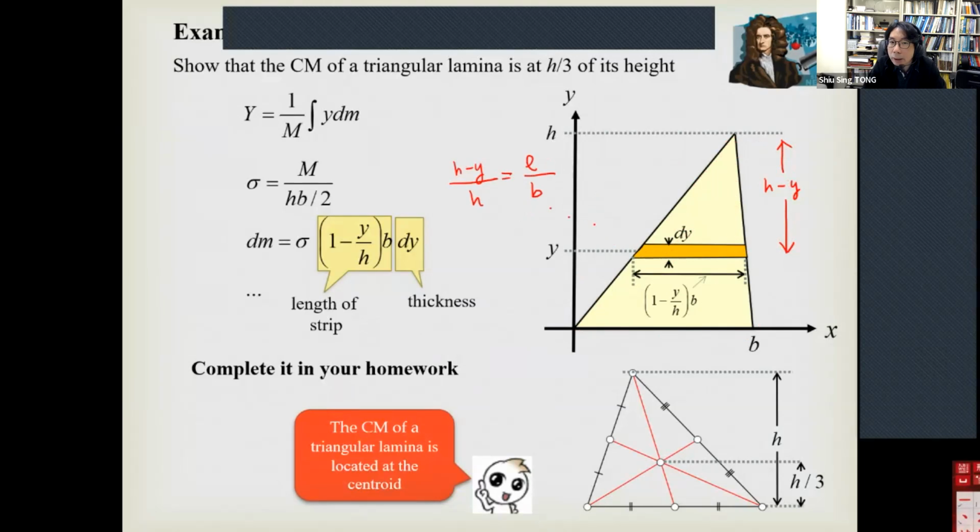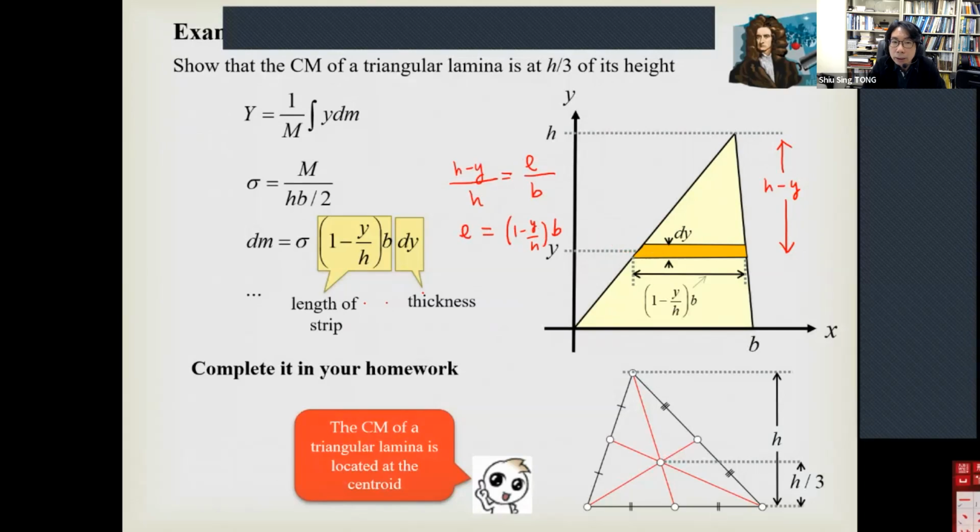This is just the similar triangles you learned in high school, right? So I got the length L of this strip as (1 minus y over h) multiplied by b.